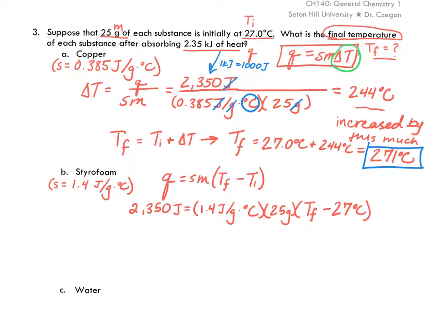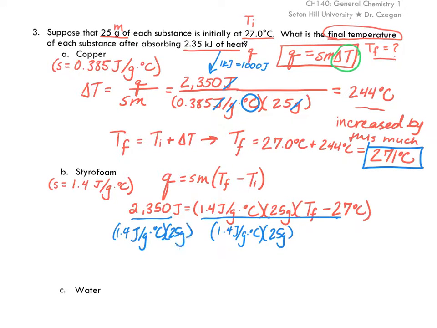Okay, we will divide both sides by this 1.4 joules per gram degrees Celsius times 25 grams. And joules cancels out, grams cancels out, all of this cancels out. And once again, we will be left with an answer in degrees Celsius.